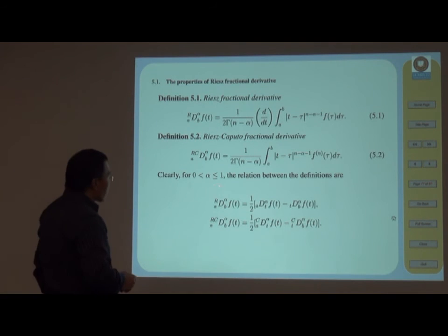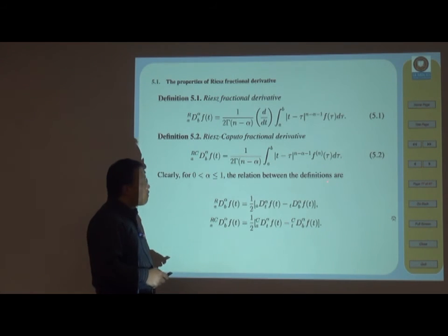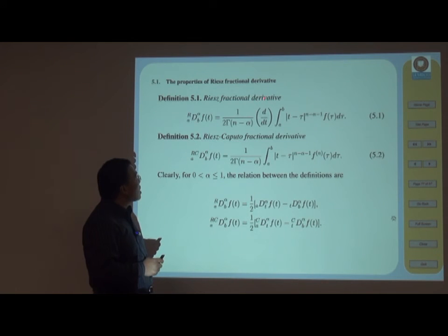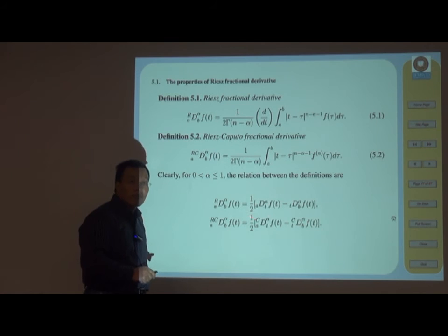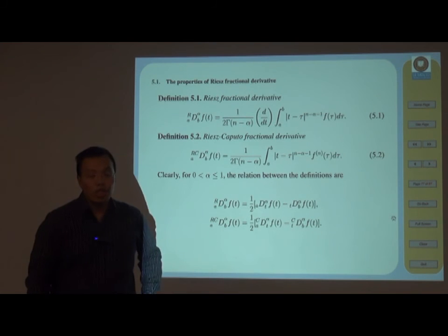Clearly, for alpha between 0 and 1, the relation between the definitions of the Riesz fractional derivative and the Riemann-Liouville derivative or Caputo derivative is as this. We can derive this relation just from the definition of Riesz fractional derivatives.